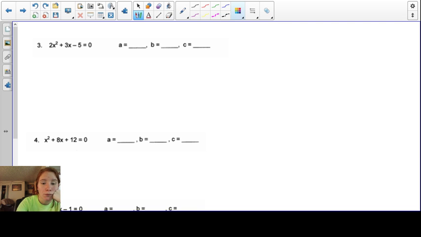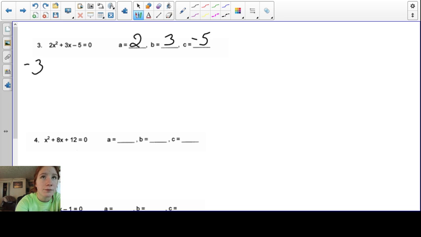Don't hate me. So first steps first, I'm at A, B, and C. A is in front of x squared, so that's 2. B is in front of the x, so 3. And C is the thing all by itself, so -5. So my formula is the opposite of B. So in this case, because my B is positive, it's going to be negative now. So I have -3 plus or minus the square root of 3 squared.